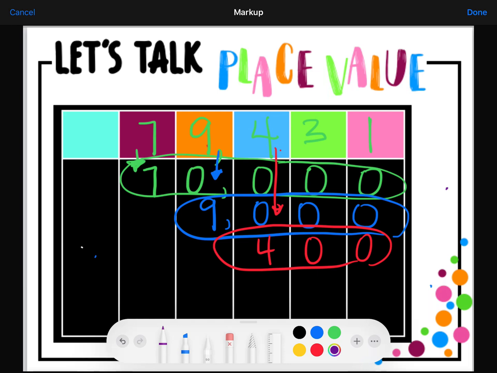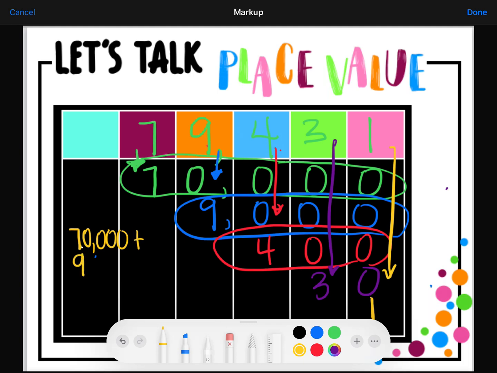Shake the 3 down. 30. And your last one, bring the 1 down. Just 1. So you have 70,000 plus 9,000 plus 400 plus 30 plus 1. That is expanded form.